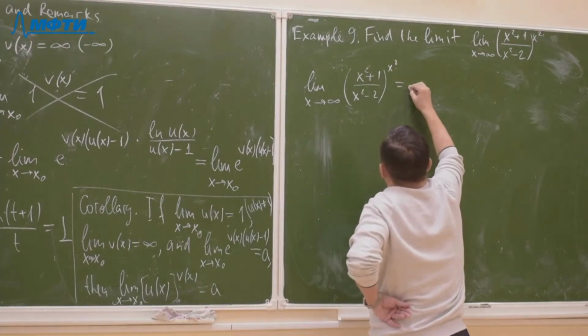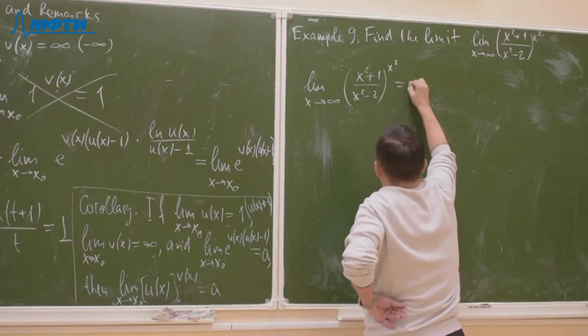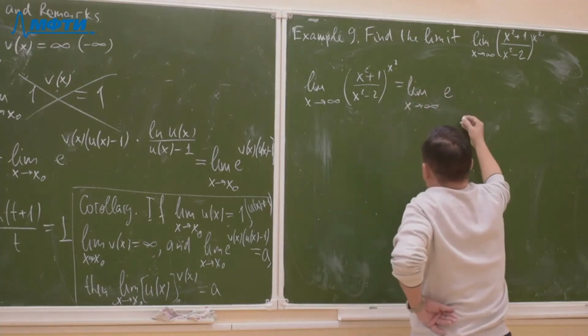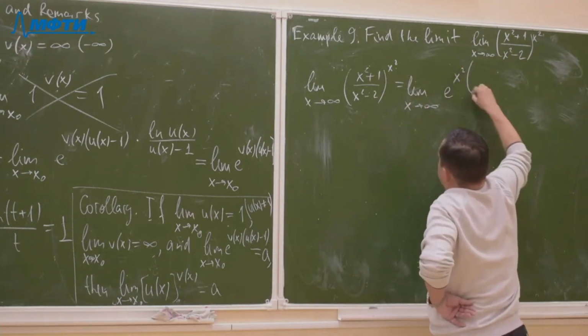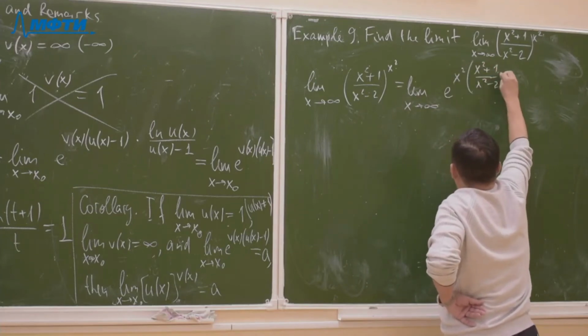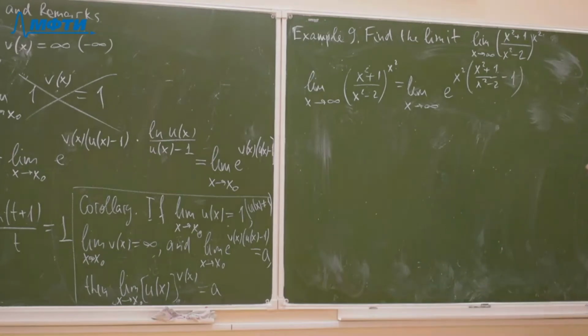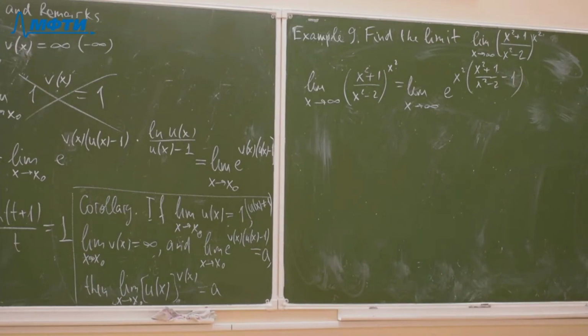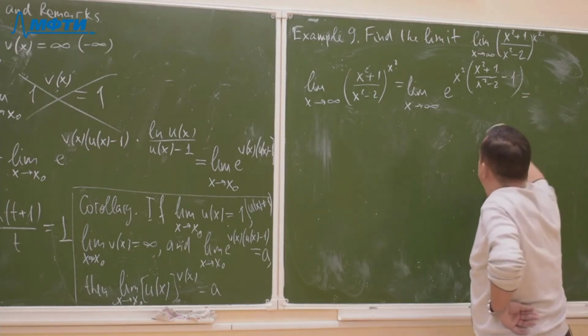The limit equals the limit as x tends to infinity of e to the power x squared times x squared plus 1 over x squared minus 2 minus 1, because the function is not equal to 1 precisely. In fact, it's never 1. So, let us write it.